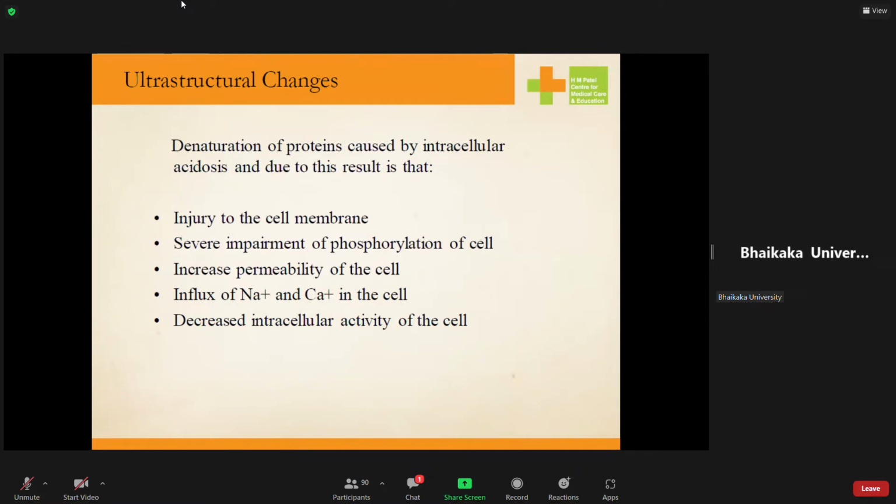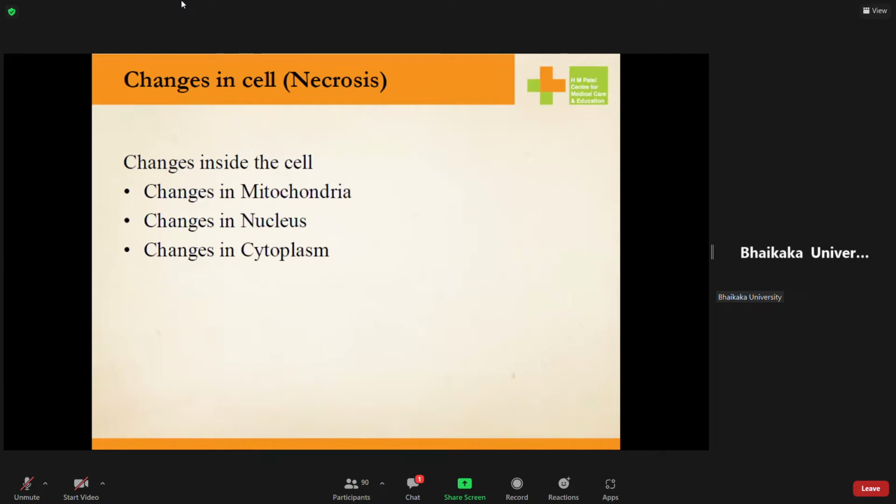So these are the mechanisms responsible for the development of ultrastructural changes within the cell due to irreversible cell injury.